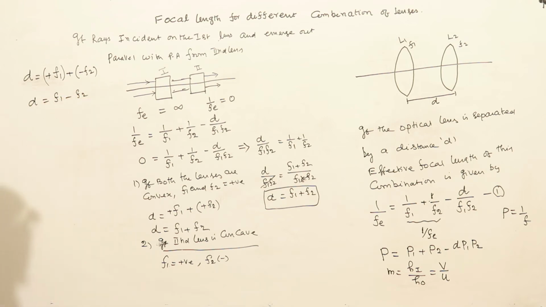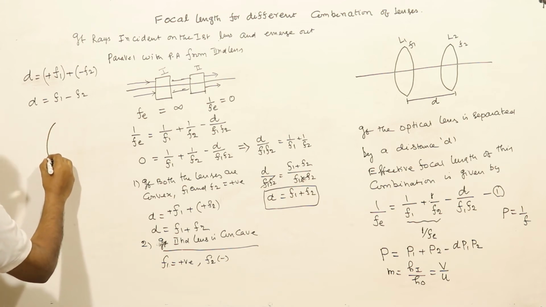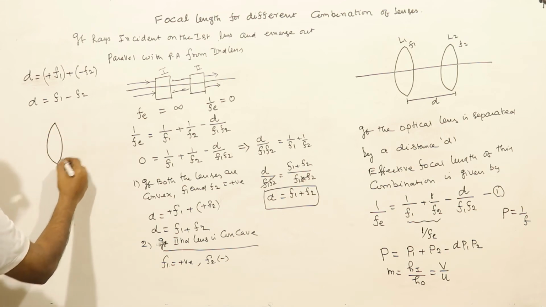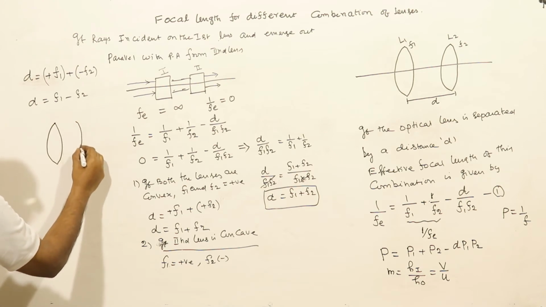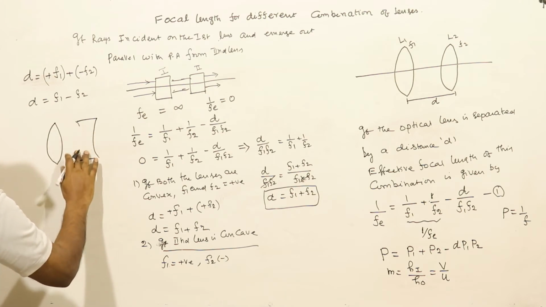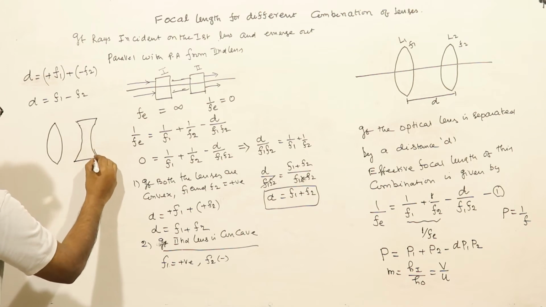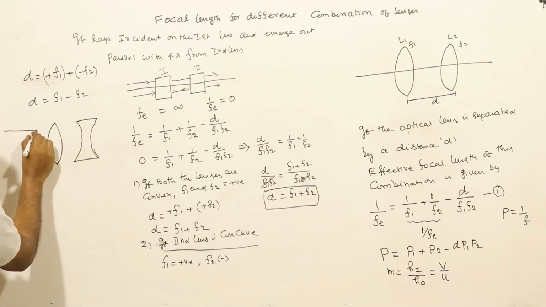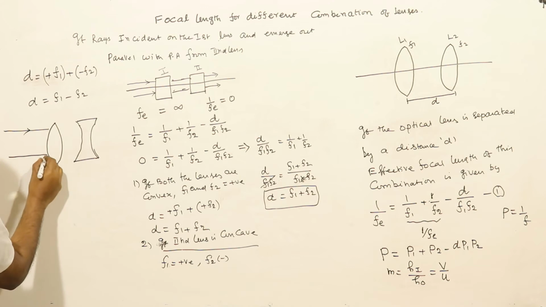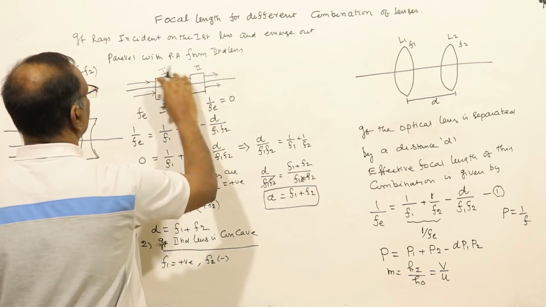The distance of separation is equal to the difference of focal lengths, focal length of the first lens minus focal length of the second lens. How will it come? Suppose we take one lens convex, another lens concave. The rays are incident parallel to the principal axis.